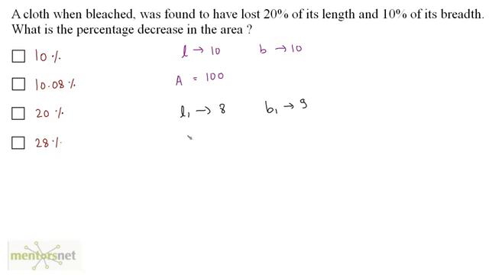Now the new area will be equal to 8 times 9, and that's 72. Now we have been asked what is the percentage decrease in the area. So the old area was 100%, new area is 72%, right? So 100 minus 72 is 28%. So the percentage decrease in the area is 28%. So option D is the correct answer.